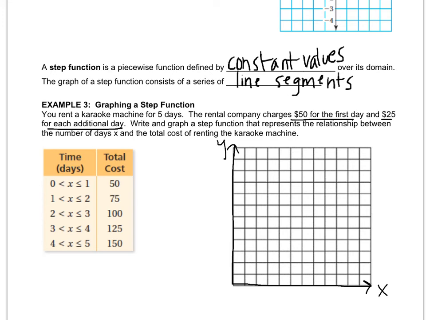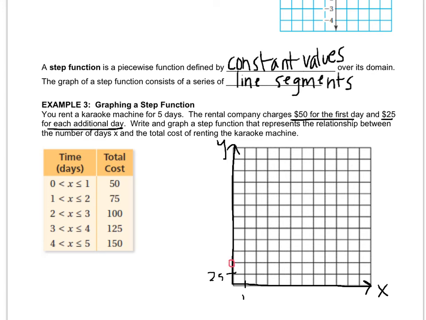So this is the constant values. It's saying that if x is between 0 and 1, it's always going to be this number. If x is between 1 and 2, it's always this number. 2 and 3, it's always this number, etc. So let me make my graph, and just for simplicity, I'll go by 25s. And so that means that open circle, when x is, it's not quite 0, but it's close to it.